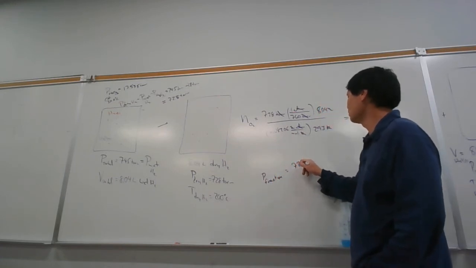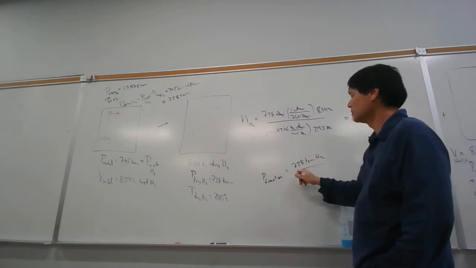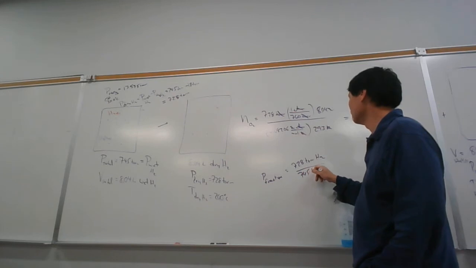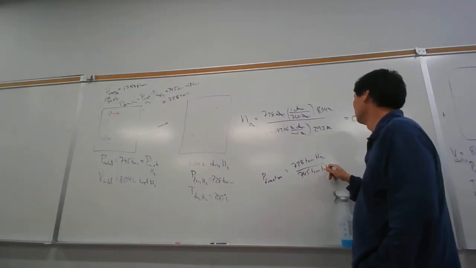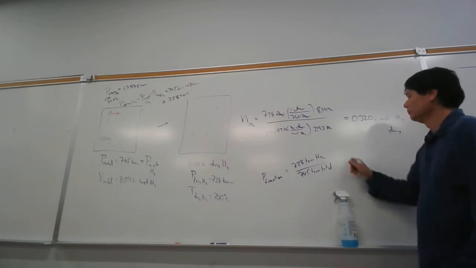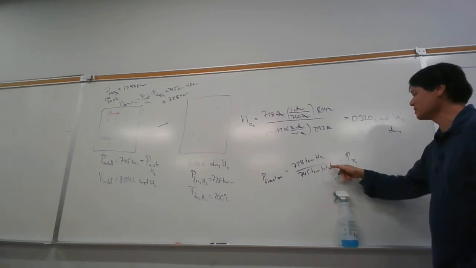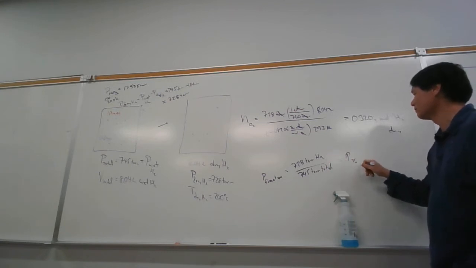We had 728 torr of hydrogen over 745 torr total. And that's going to equal this pressure percentage. The pressure percentage is this times 100.